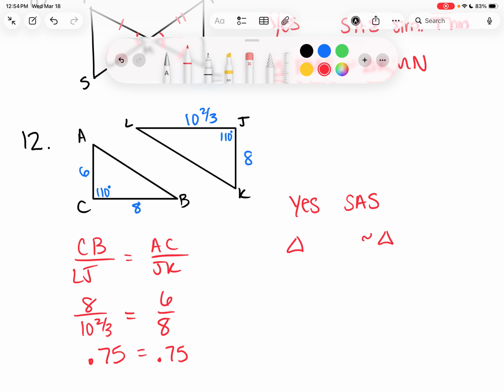I'm trying to make sure I get the letters right. Give me the first one and then just make the other one match it. So start with ABC, okay, ABC, and then it's KLJ, yeah. Yep.